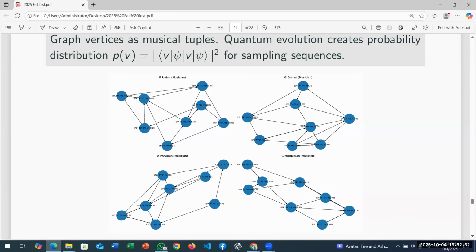As they walk along the vertices of this musical graph, they were generating music. They were singing at the same time, and it was possible. The reason why it was possible is because of quantum evolution. That's the advantage. But in physics, in real life, I was wondering whether this thing can be possible.